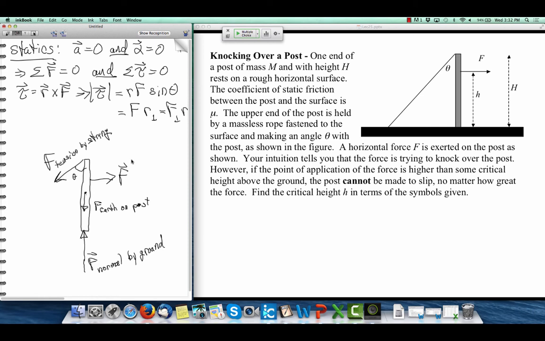So what does it tell you? Yeah, it does say coefficient of static friction between the post and the surface is mu. So if you know the normal force, I can say right away that the static friction force magnitude has got to be less than or equal to mu times that normal force.